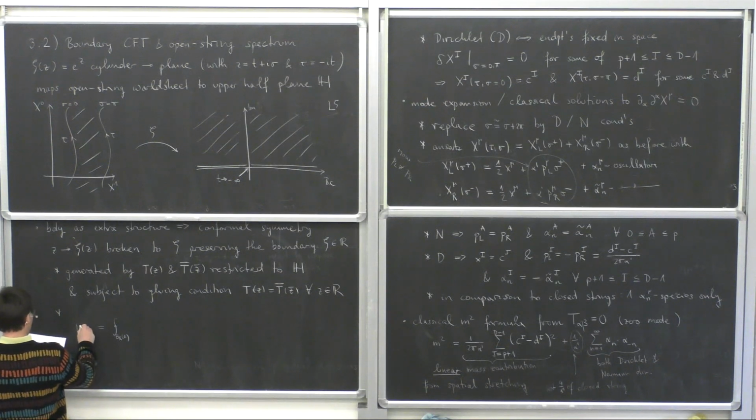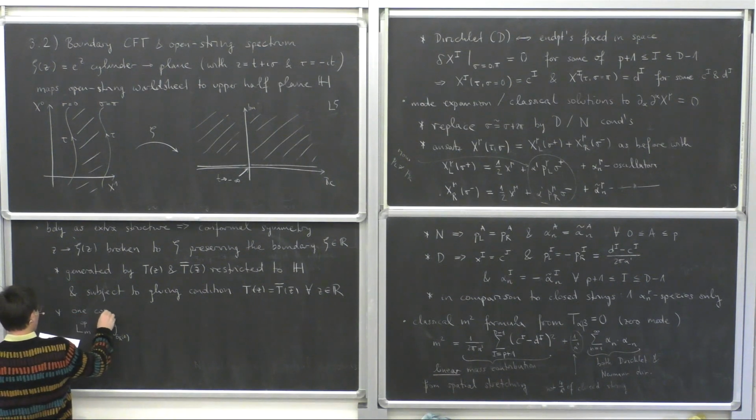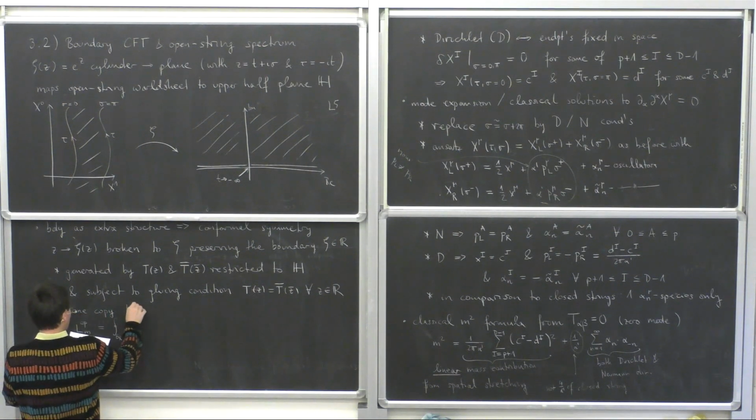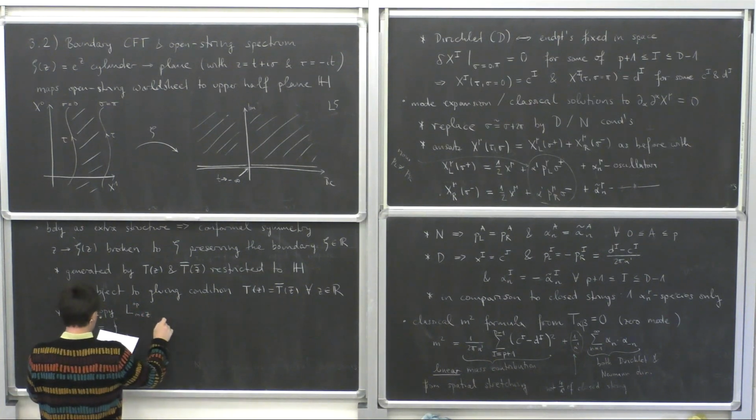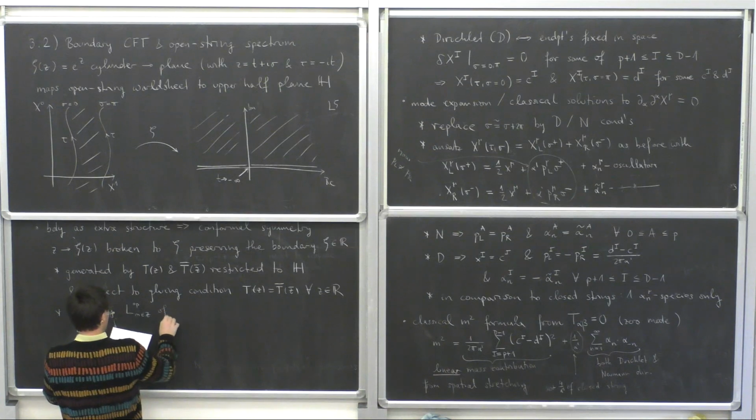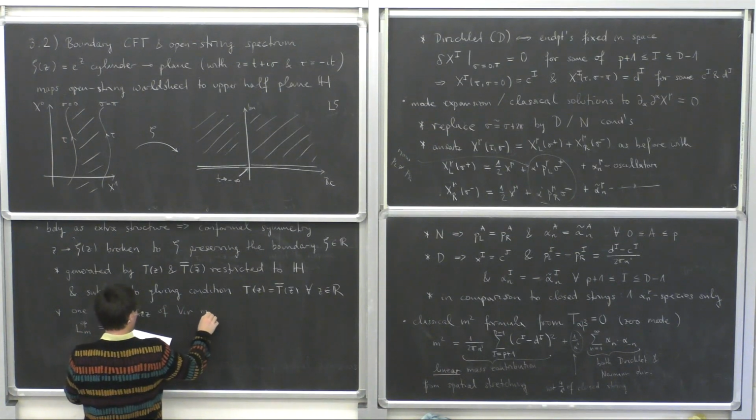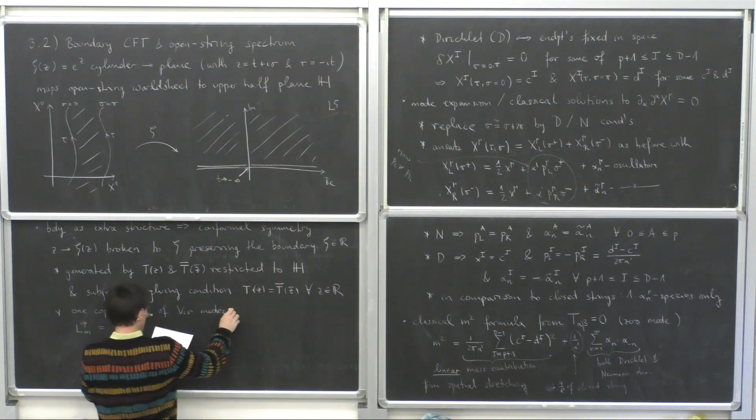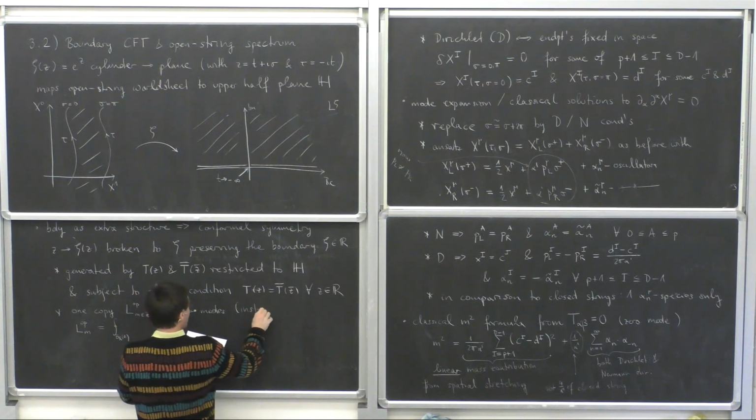So we need a kind of patchwork construction such that these circle integrals become viable. There will be one copy of Virasoro algebra that is constructed from a mix of T and T bar. So one copy of Virasoro modes instead of the two that we had in the closed string case.